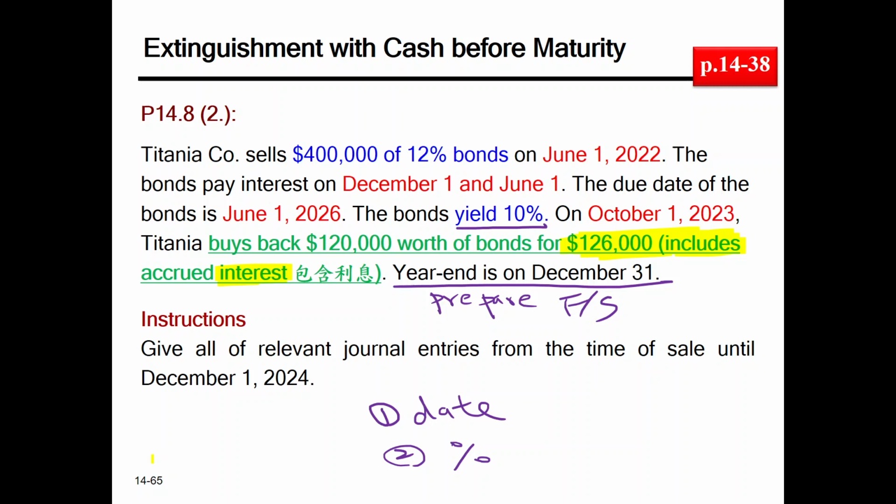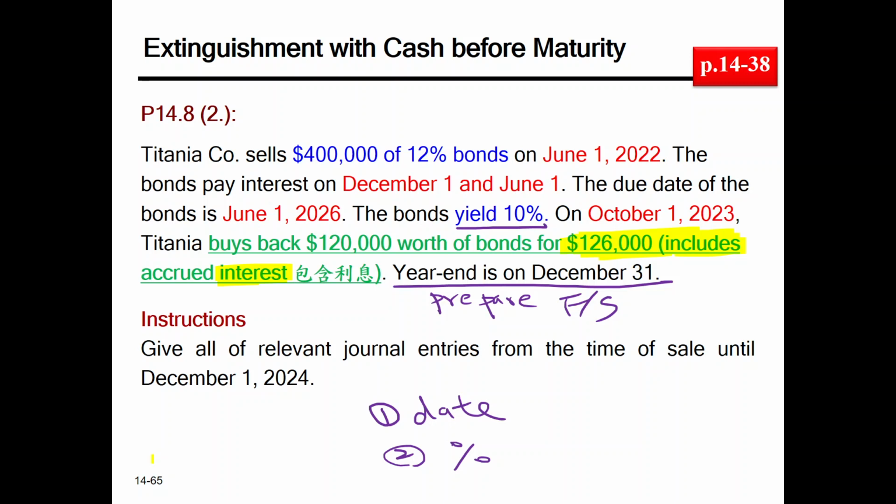First is interest payment day is not the same as financial statement day. So do we have the issue in this case? Interest payment date and financial statement day are the same or not in this case? They are not the same. Okay, so this is the first problem.